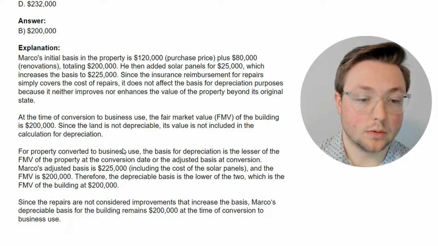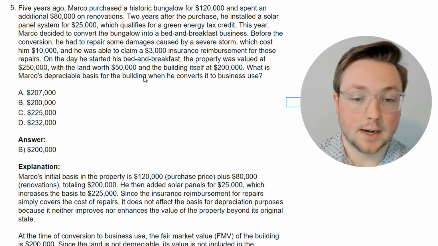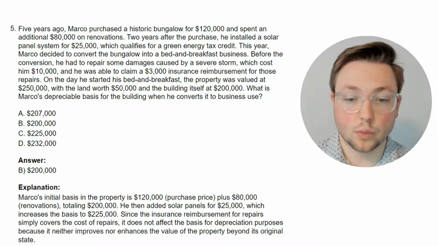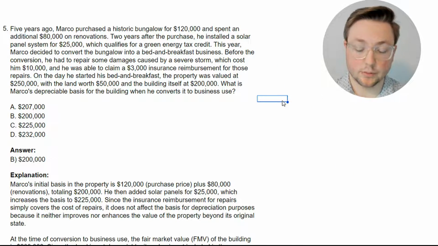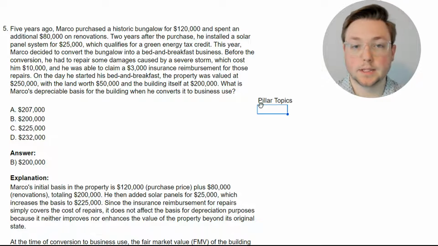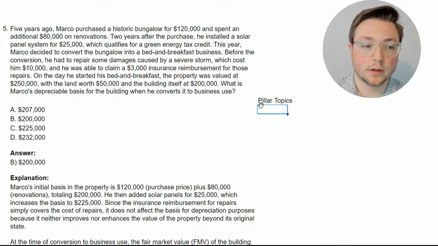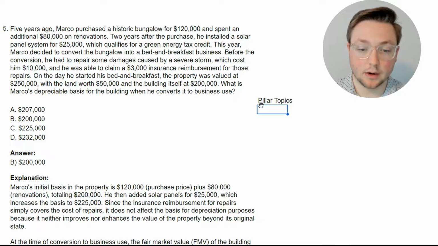Okay, so we learned a lot from all these 5 questions. All right, before we move on, let's go ahead and do one part of the SuperFast CPA strategy, which is called finding pillar topics. So the idea behind pillar topics is these are the 2 or 3 things that we learned just from doing these questions that are obviously what we were supposed to learn using these multiple choice questions as our base.